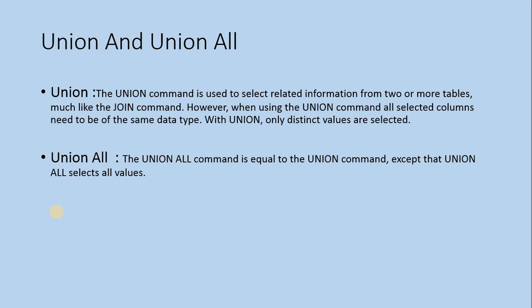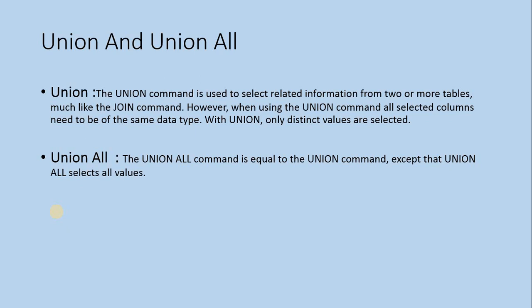The UNION command is used to select related information from two or more tables, or you can say two or more queries. It is much like the JOIN command. However, when using the UNION command, all selected columns need to be of the same data type.